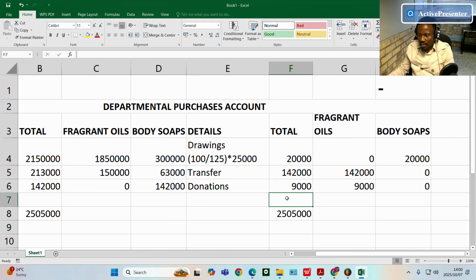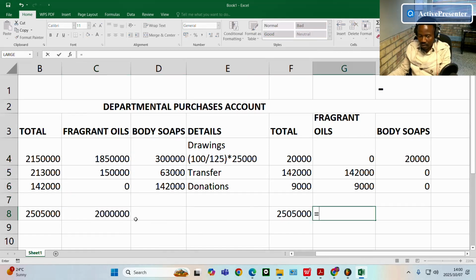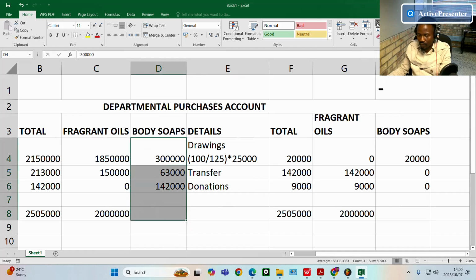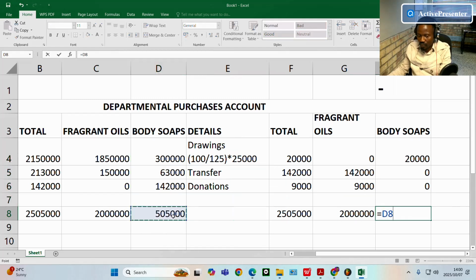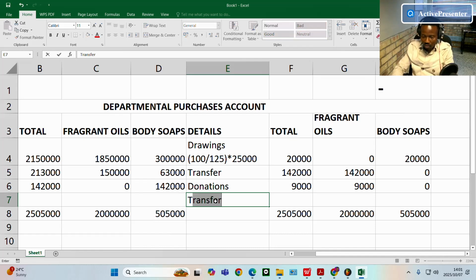So we are going to balance this account using the debit side. We are going to balance it on the trading account, so we're going to be transferring this to the trading account.